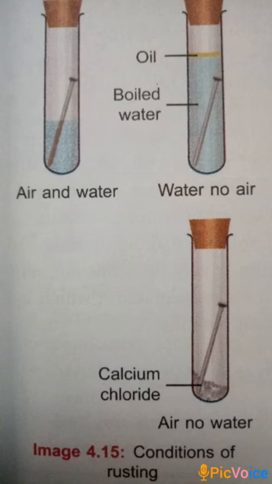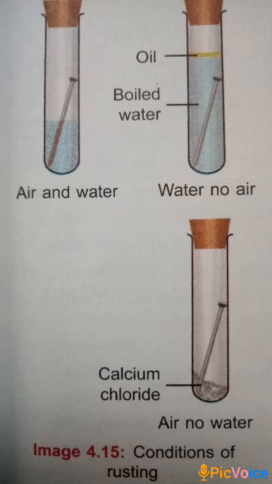We can leave the test tubes for 2-3 days, and after 2-3 days we will observe that in test tube A there is a reddish brown layer over the nail because it has rusted. So it proves that both oxygen and water are necessary for rusting.